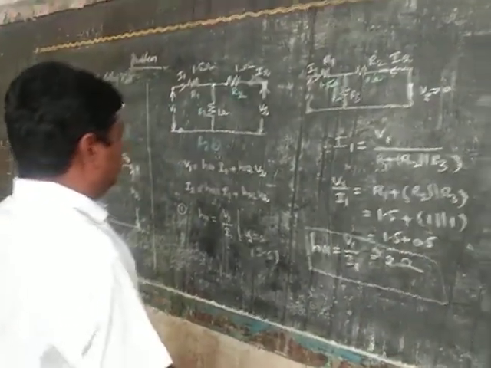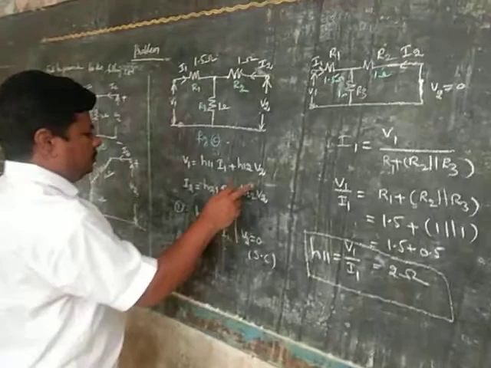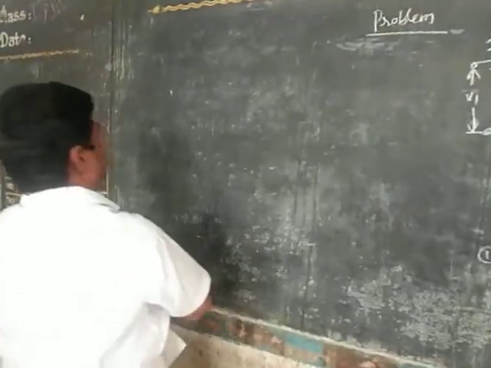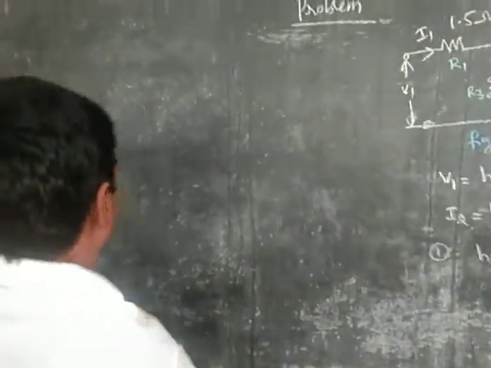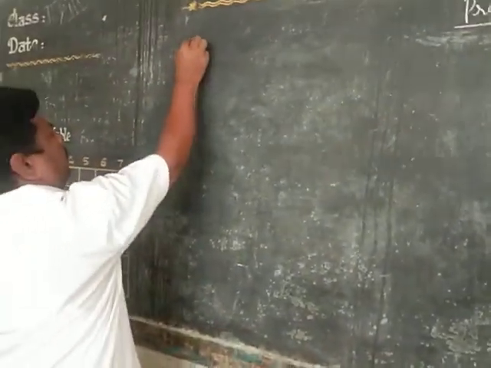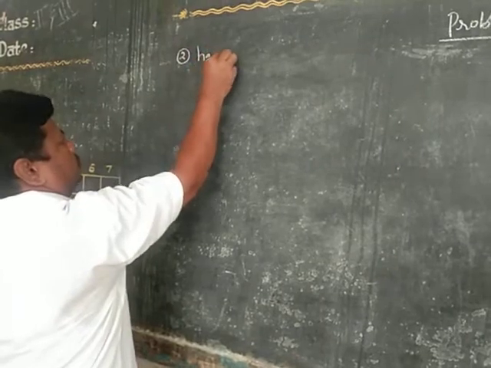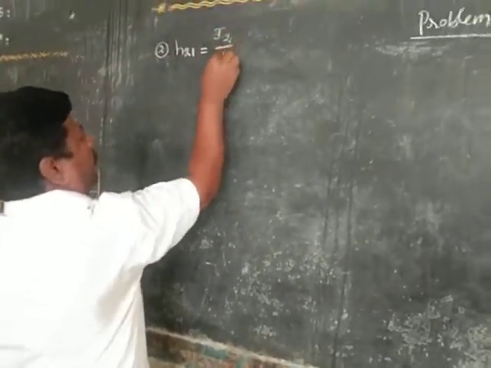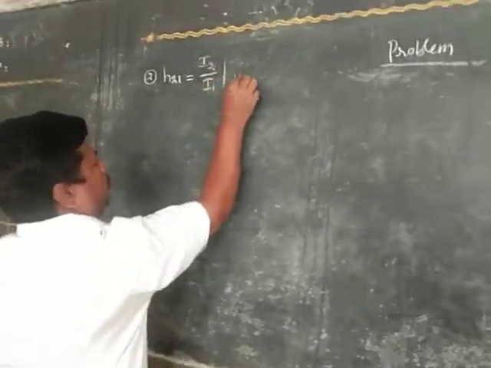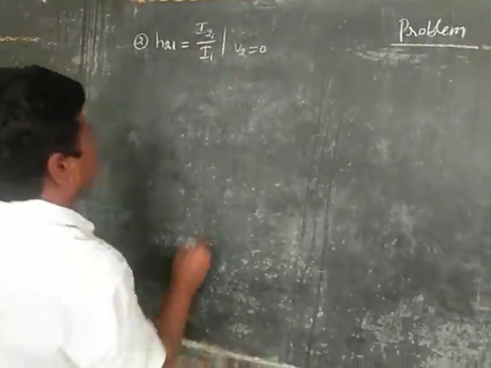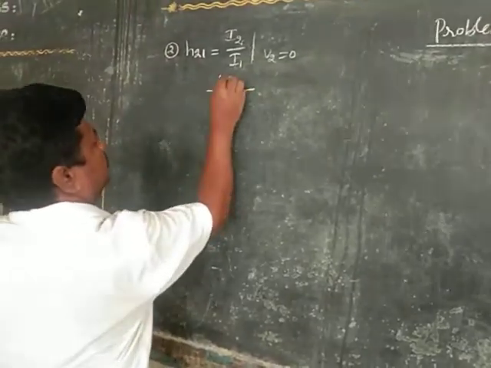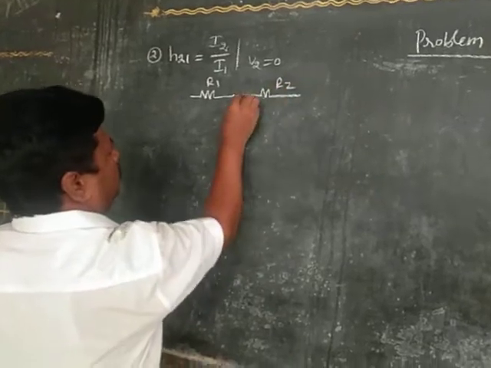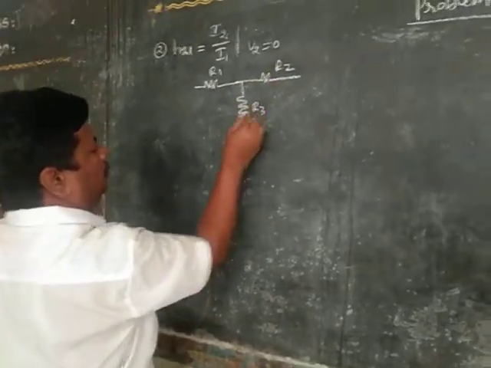Similarly, find out when V2 is equal to 0, H21. Second parameter, H21. H21 is equal to I2 by I1 when V2 is equal to 0. The circuit is, this is R1, R2, R3.